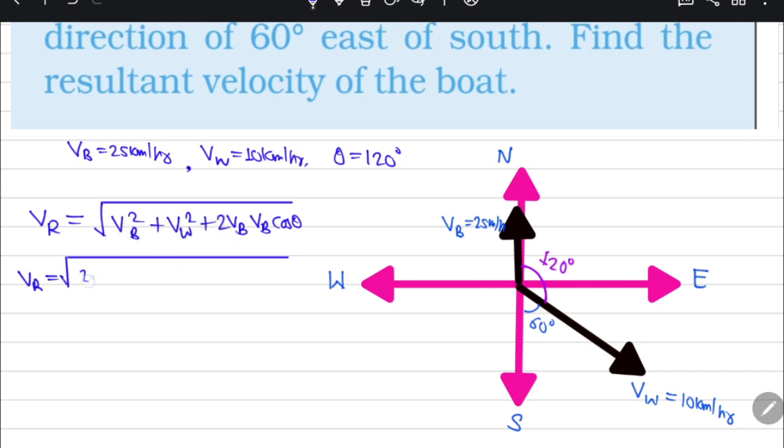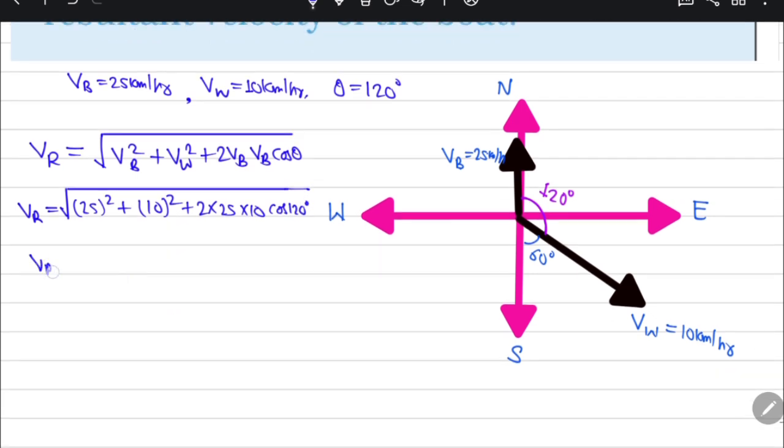So here velocity of boat is 25 square plus 10 square plus 2 times 25 into 10 into cos 120 degree. 25 into 25 comes out to be 625, plus 100, plus 2 into 25 into 10, that is 500, cos 120.